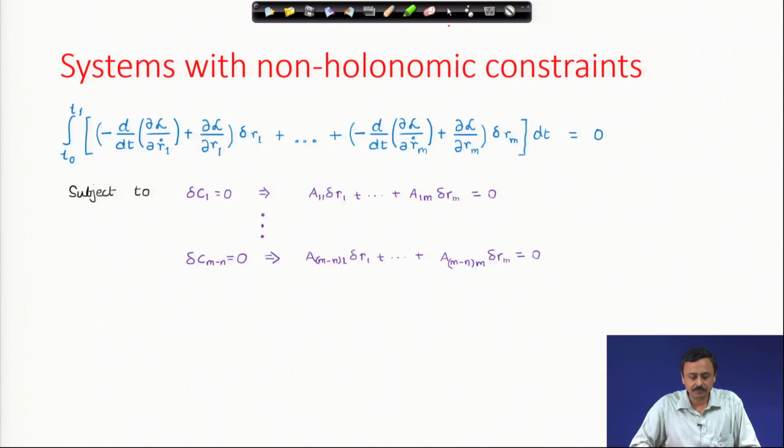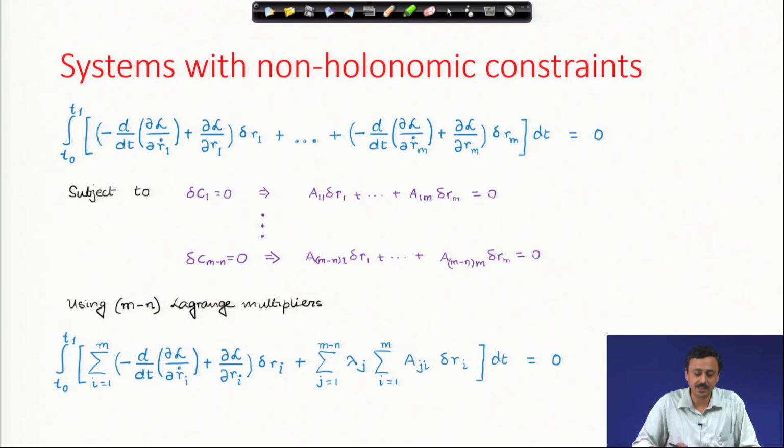We have this variational statement subject to these constraints, and the variations in our physical coordinates, delta r_1, delta r_2, delta r_m, must satisfy all these conditions. What do we do? We just use the method of Lagrange multipliers and push these constraints into our variational statement and get a combined statement.